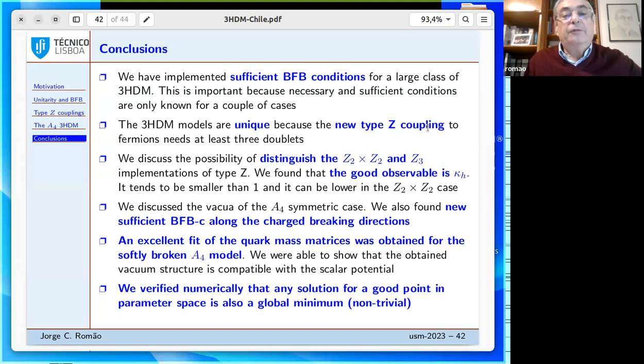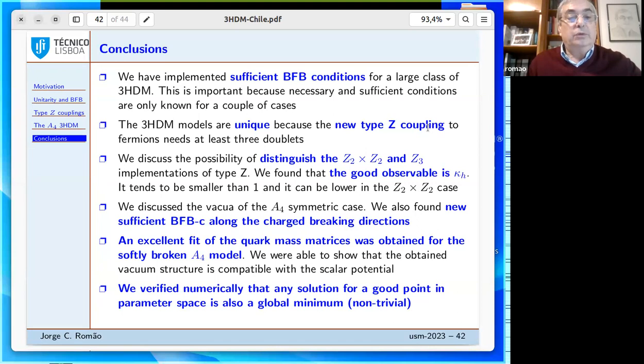Of course, if the value is lower than 1, but let's say 0.9, then as you have seen in the plots, there is no possibility of distinguishing between the 2 models, but that's a possibility.